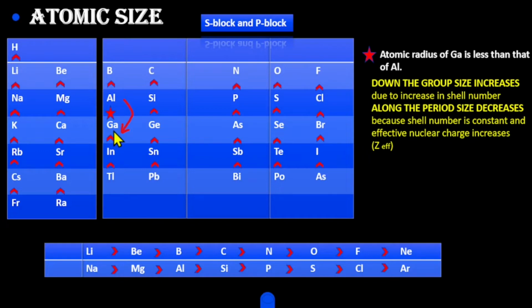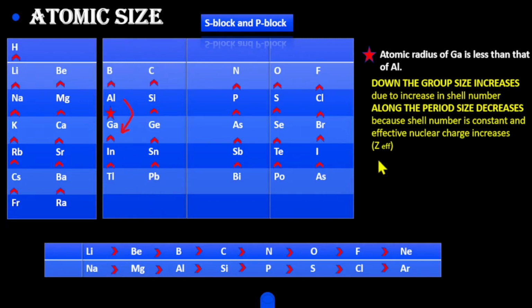It is a better way to remember this. You say that in general this is the trend, but you keep in mind there is one exception that this will come here. This statement is exactly mentioned in the NCERT book of p block, class 11th, that the atomic radius of gallium is less than that of aluminium. So in general size increases downward, but this is one of the exceptions.